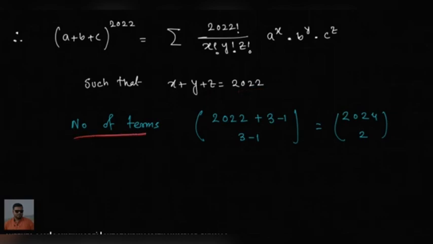So the number of terms, using the same idea, would be 2022, which is our n here, plus 3, which is our k here, minus 1, choose 3 minus 1. So that would be 2024 choose 2. So this many terms we have in the expansion of (a plus b plus c) to the power 2022.